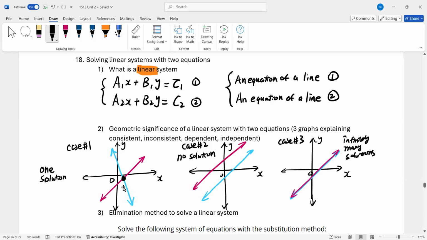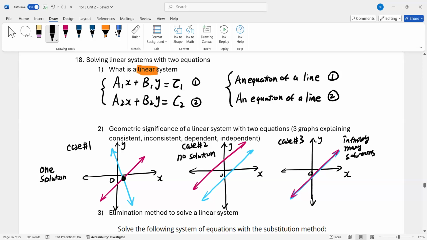When the 2 straight lines cross at one point, the system has one solution only, and the intersection is the solution. When the 2 straight lines are parallel, the system has no solution because there's no ordered pair that would satisfy both equations. Or sometimes the two equations overlap or coincide, and in that case the system has infinitely many solutions. Give me some response. Are the three cases clear?